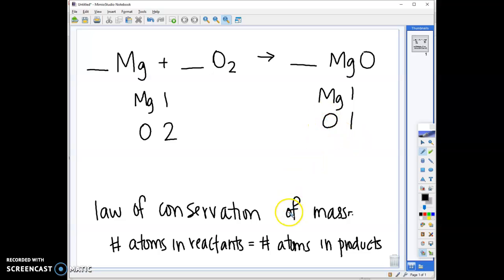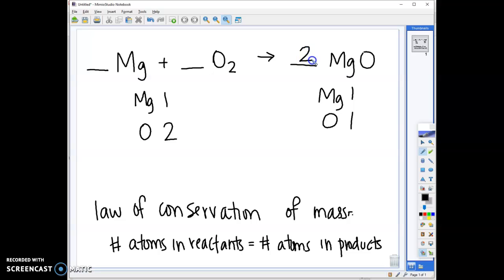Well, according to the law of conservation of mass, I have to have the same number on both sides. I don't. I have 1 magnesium on both sides, but I have 2 oxygen over here and only 1 oxygen over here. So I need to get to 2. Well, remember, I cannot add subscripts. I have to add coefficients in front of my atoms and my molecules and my compounds.